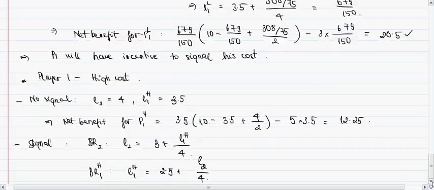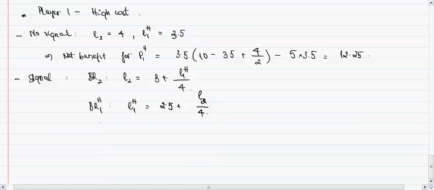Now by substituting one into the other, you will be able to find the values of L1 and L2. That will be exactly the same as what we did before.